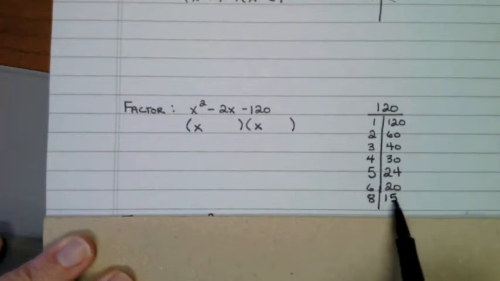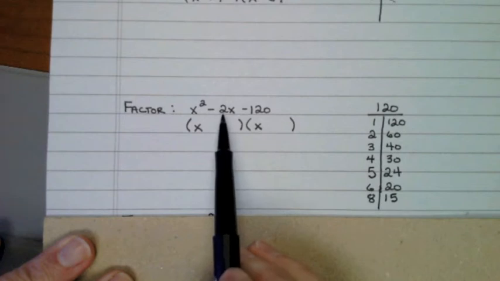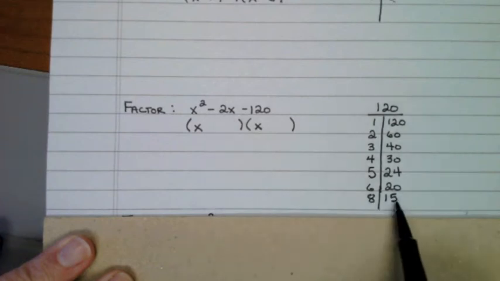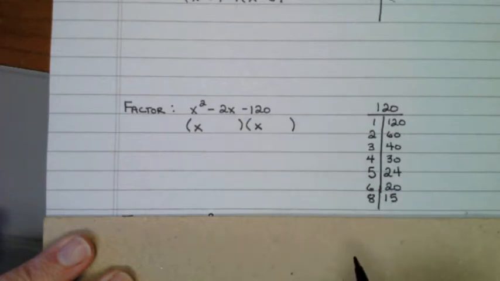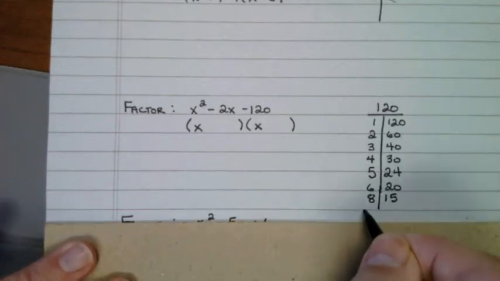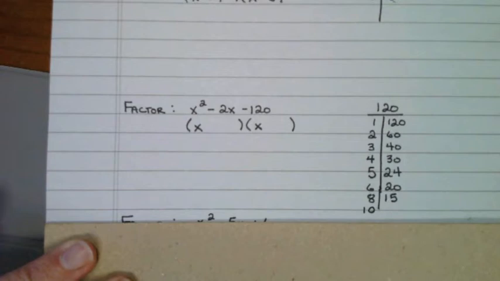Is there any way I can add or subtract these and get 2? If I add them together, I get 23. Not what I'm looking for. Will 9 go into 120? No. Will 10 go into 120?